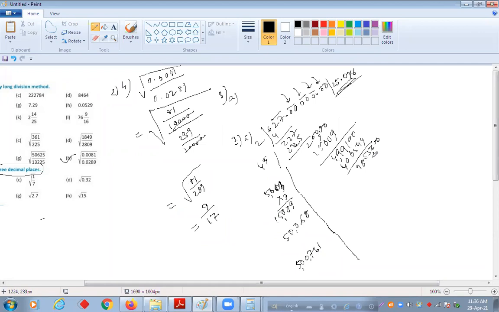And how much do you have here? 98 lakhs. So how much will you require to take?